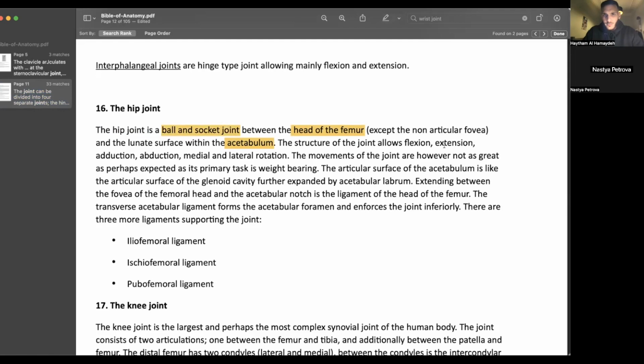Now, the structure of the joint allows flexion, extension, adduction, abduction, medial and lateral rotation. Remember when I told you, Nastia, that the ball and socket joint has so many movements?